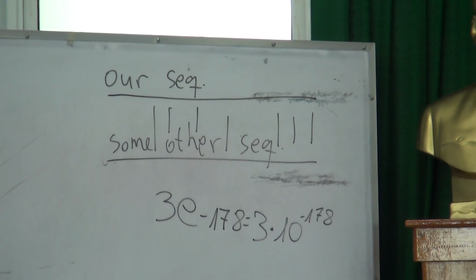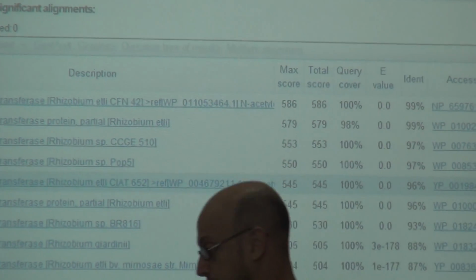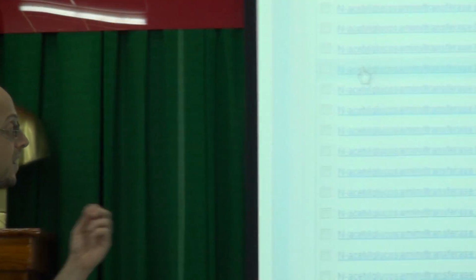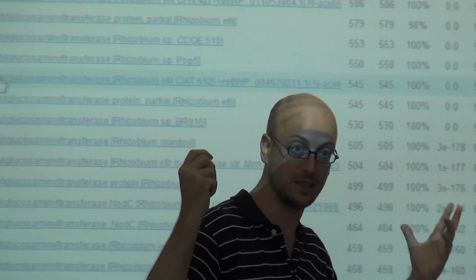So that's almost 0. What does this e-value mean? E is short for expectation. And this number means how many times do we expect to find such a similarity by random, by chance, by luck.